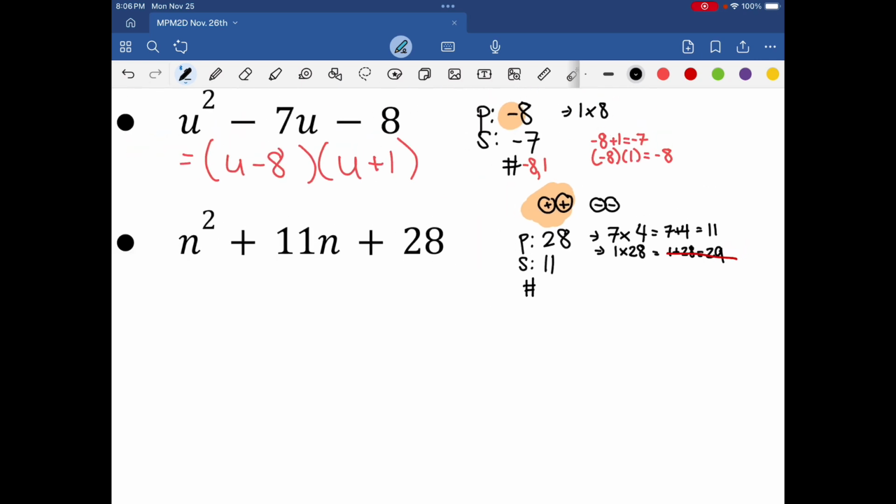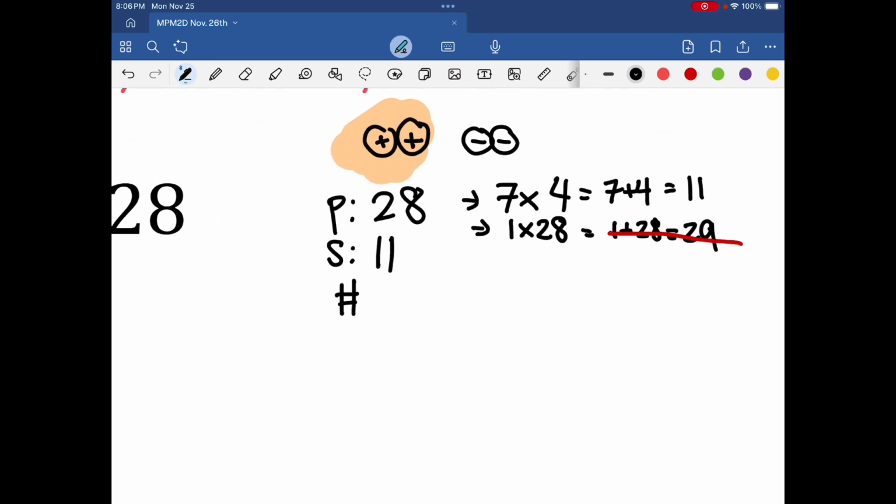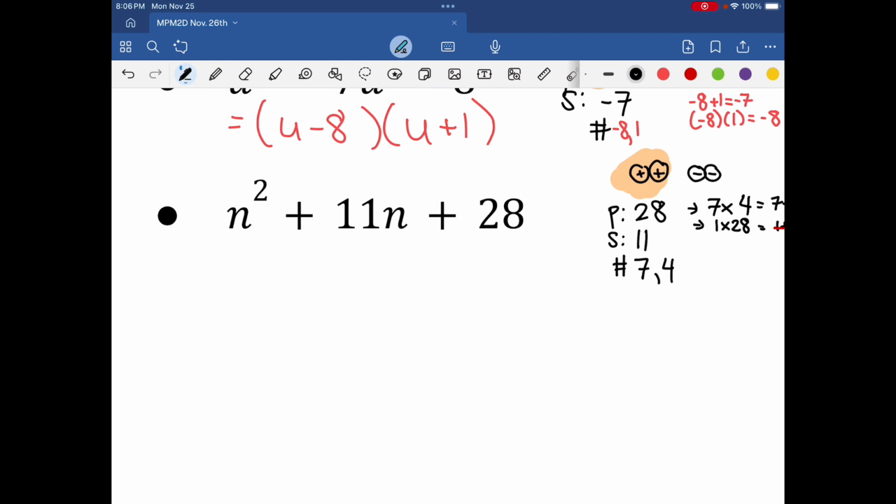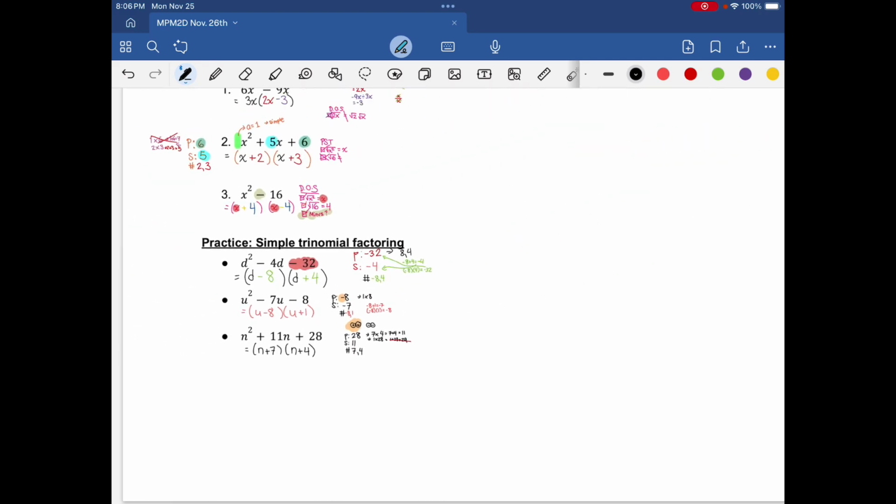Oh, my mistake. Yes, my numbers are 7 and 4. Since we are working with N, N goes in one bracket plus 7, and N plus 4 goes in the second bracket.